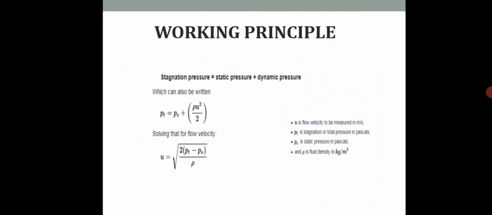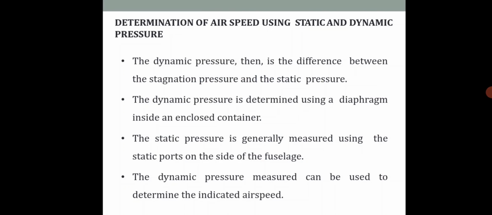In the Pitot tube, the lower end is bent 90 degrees and directed into the upstream. The liquid rises due to the conversion of kinetic energy into pressure energy.